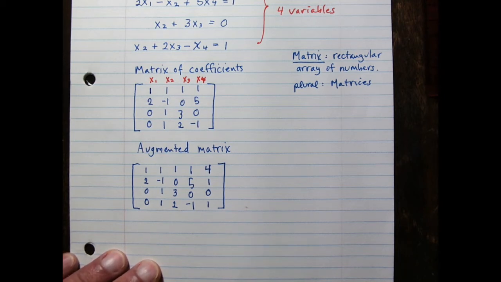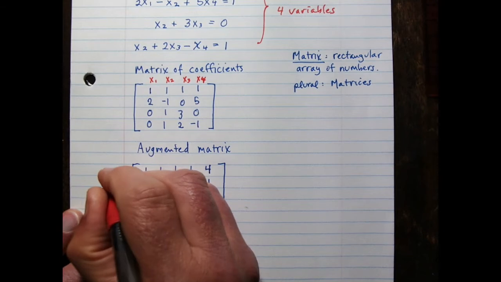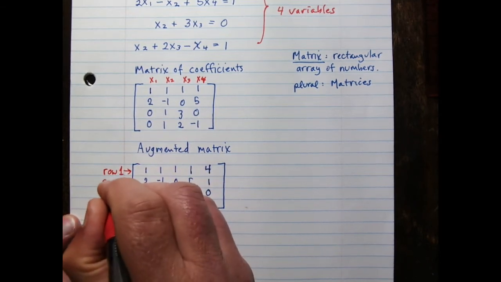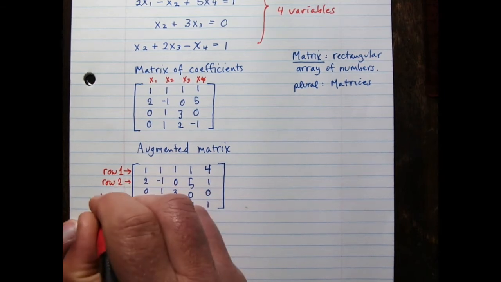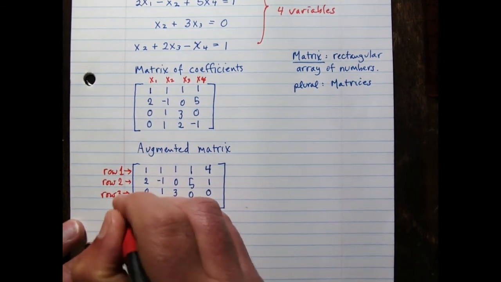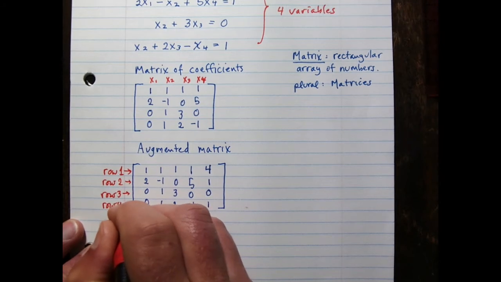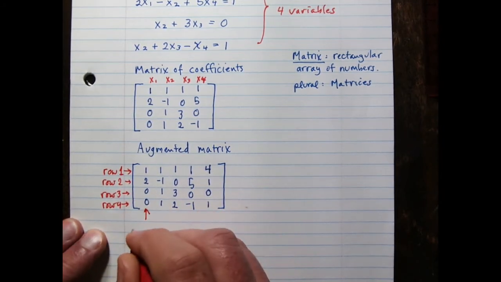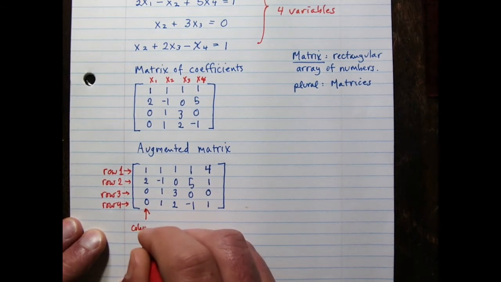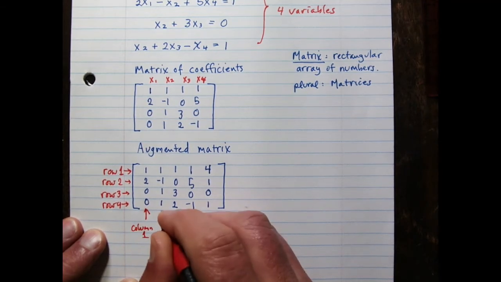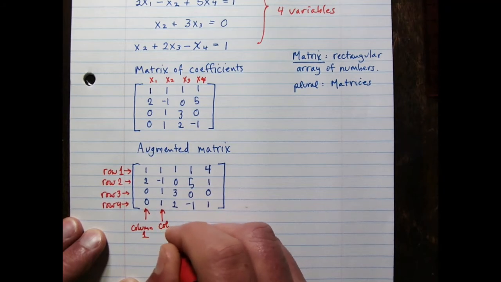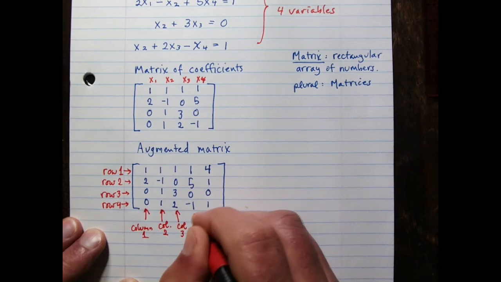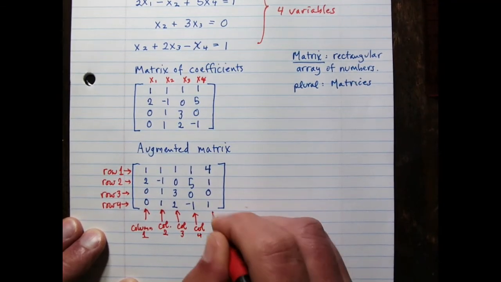Now, a little bit more terminology. We talk about matrices as having rows and columns. So there's a row 1 going across, a row 2, row 3, row 4 going across. But then as we go up and down, we talk about column 1, column 2, column 3, column 4, column 5.